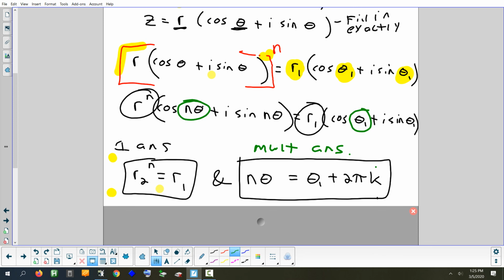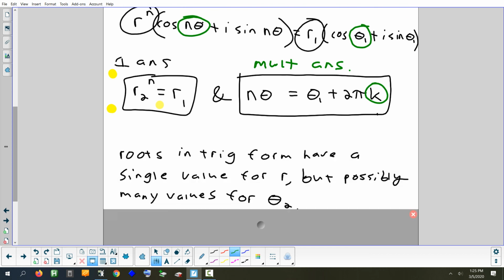It's going to have multiple answers because of that right there. You've got a variable right there. This won't be a variable. Remember I highlighted theta 1 in yellow? That's going to be an actual number, like 10 degrees when we do a problem. So, when you find roots, you're only going to get a single answer for r. One answer. Single answer.